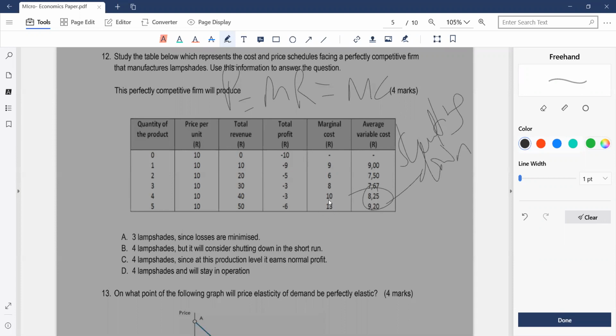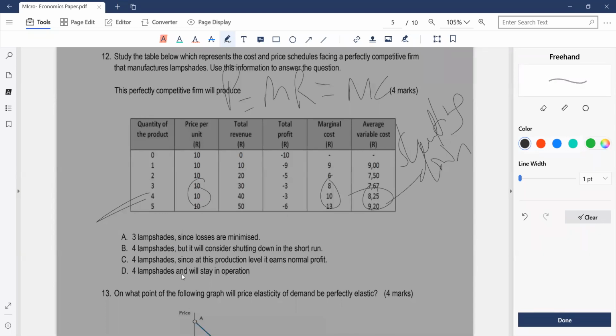So we are producing at this level for lampshades, because MC is equals to MR. MC here, 10, is equals to MR, which is your price, is equals also to 10. And at this quantity, your price is greater than the average variable cost. That means we stay in operation because we are covering our variable cost.